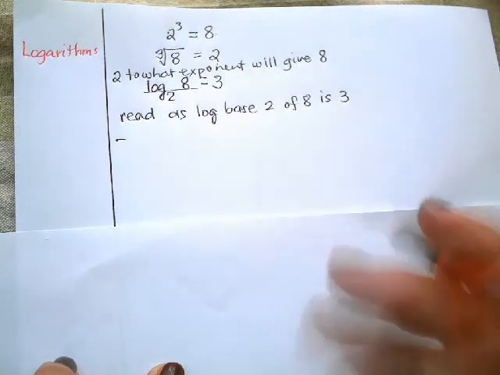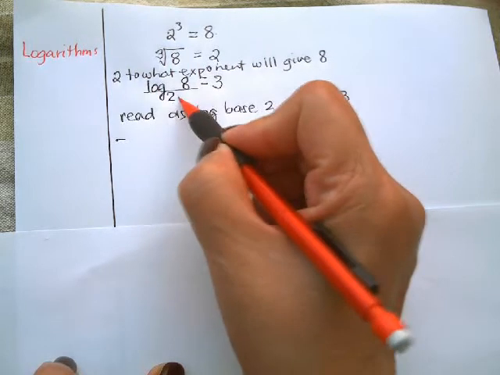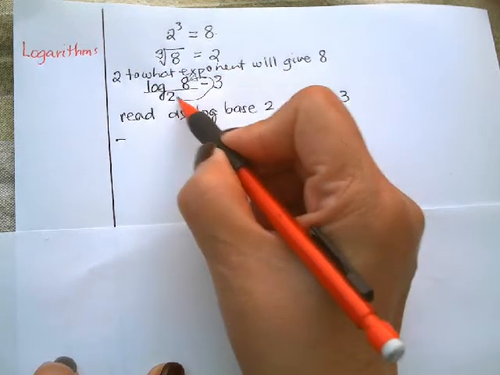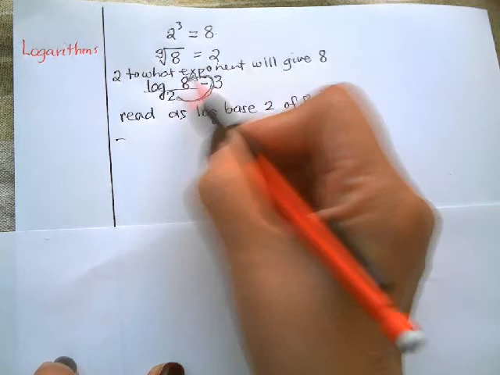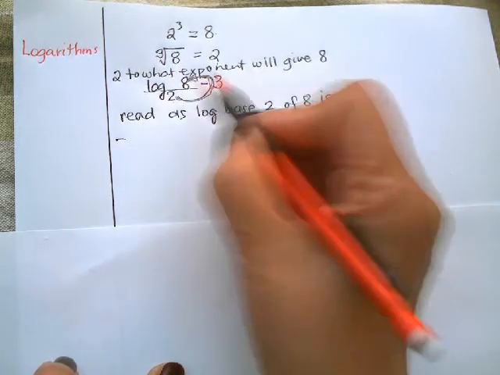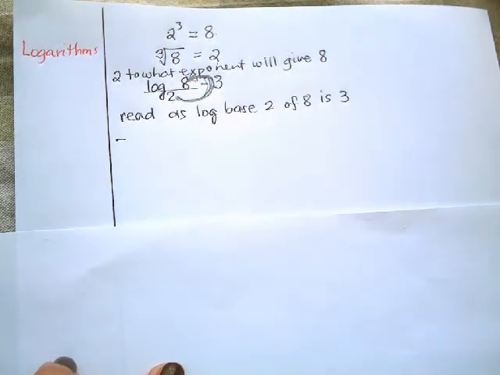When you see a log, you always go like this: 2 to the third is 8. Again, 2 to the third is 8. That's the direction you have to go. 2 to the third power is 8. Every time you see that.